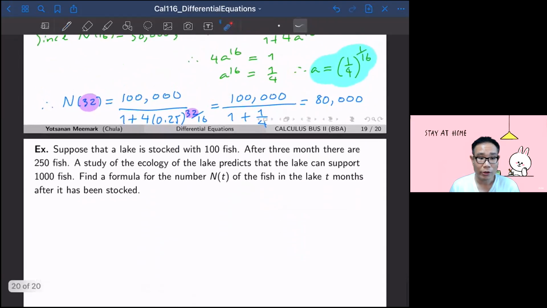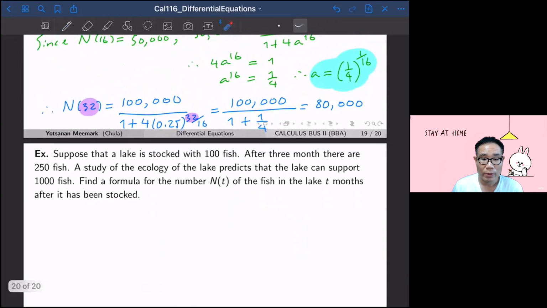Finally, for the next one, you have a lake stocked with 100 fish. After 3 months, there are 250. And the ecology of the lake predicts that the lake can support 1,000 fish.